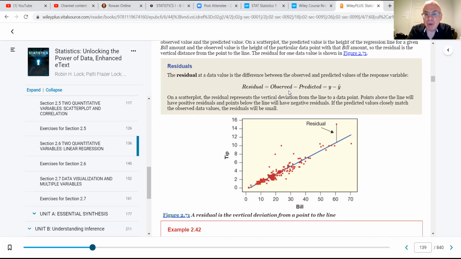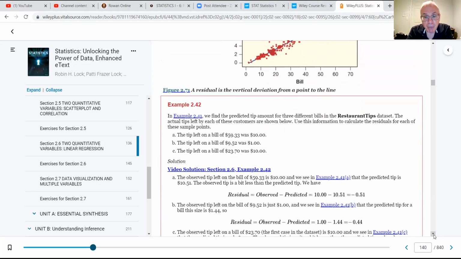But for the actual 157 points in the data set, we can calculate a residual for each and every one of them. That's the whole idea of a residual: the difference between the observed value and the predicted value for a particular X that is in your data set.